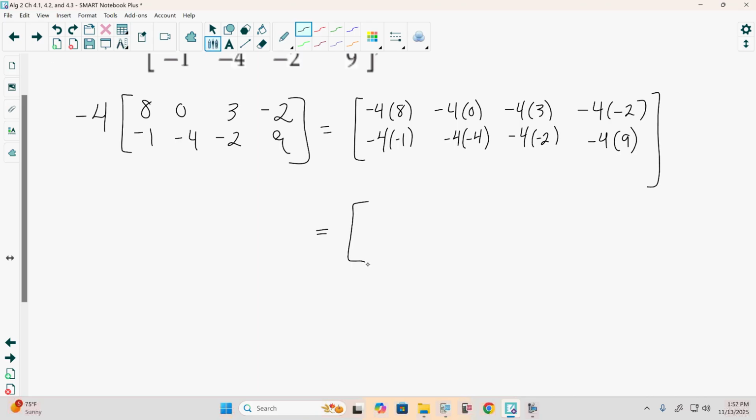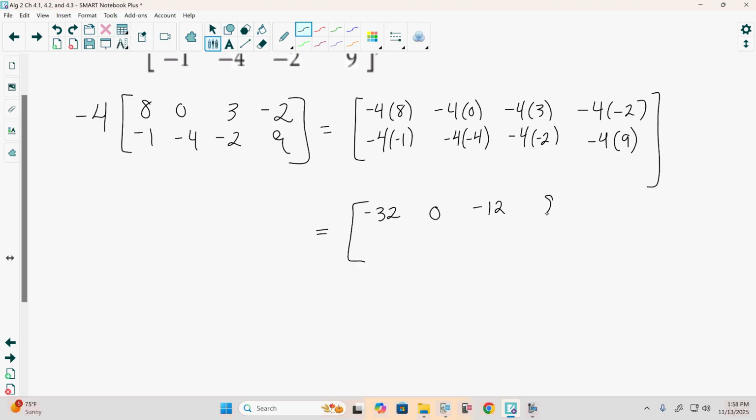But realistically, what are we going to do? We know we need to multiply every element in that matrix E by negative 4, yes? Because that's all it's asking us to do. We might as well just start typing it in, negative 4 times 8. If we can type it in the calculator, it'll tell us it is negative 32. Negative 4 times 0 is 0. Negative 4 times 3, negative 12.